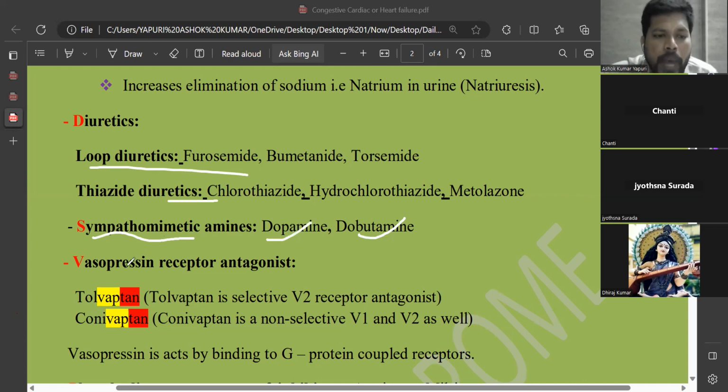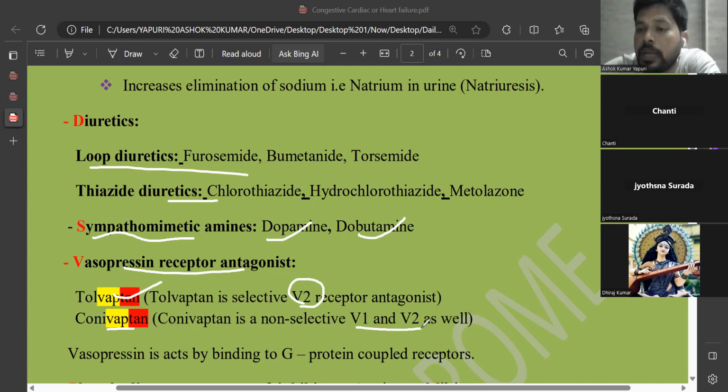And next, vasopressin receptor antagonists. So we have to block the vasopressin receptor. Vasopressin is also known as antidiuretic hormone. Drugs like tolvaptan, which is a selective vasopressin type 2 receptor blocker, and conivaptan, which is non-selective and can block V1 as well as V2 type vasopressin receptors.